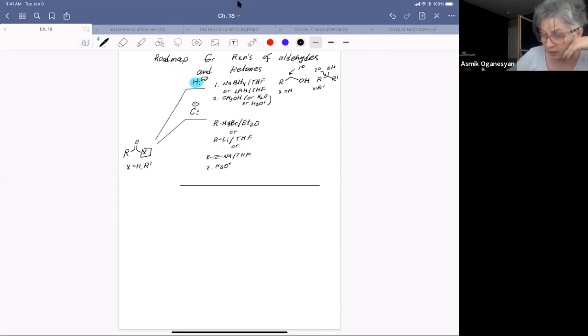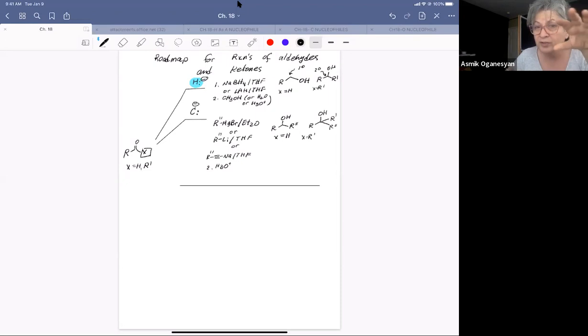Okay. The outcomes of the reactions, let's put R prime here, will be formation of a secondary alcohol with the aldehydes and formation of, actually, let's put R2 prime because, okay, a tertiary alcohol with the ketones.